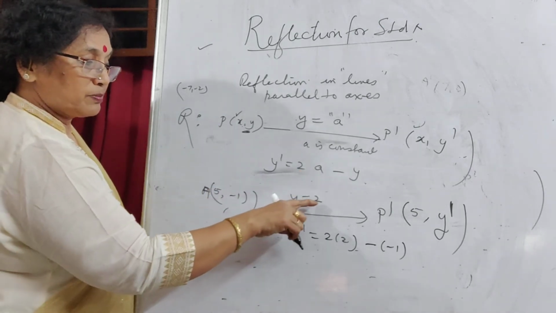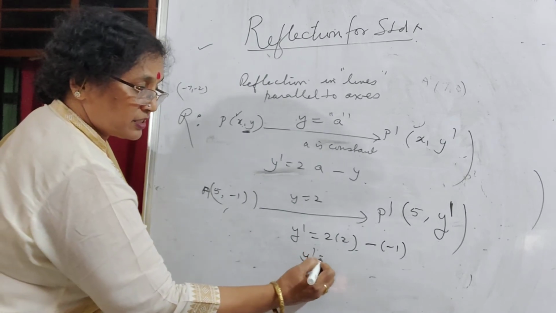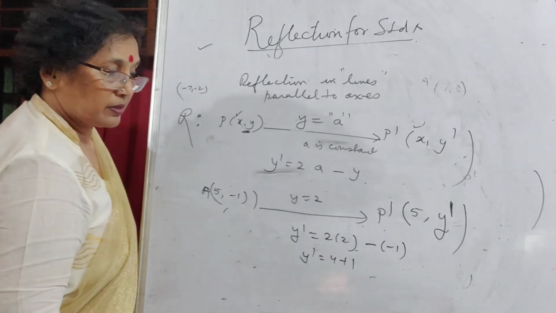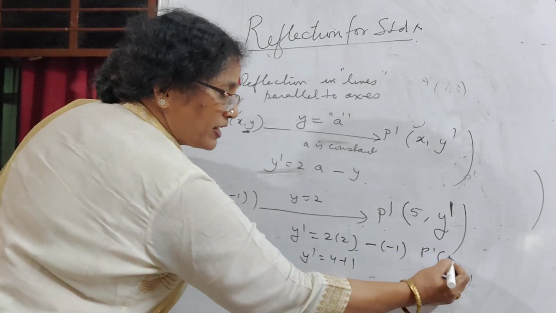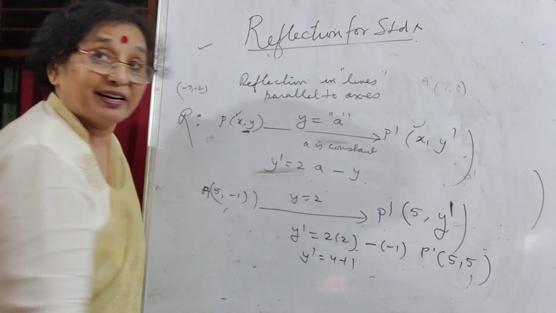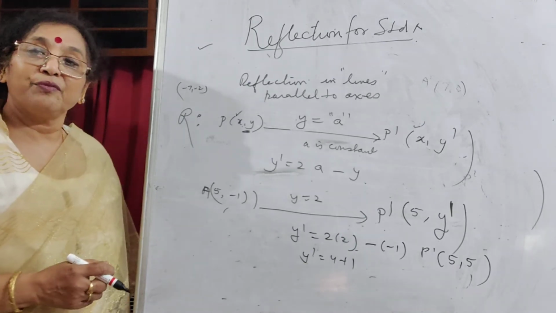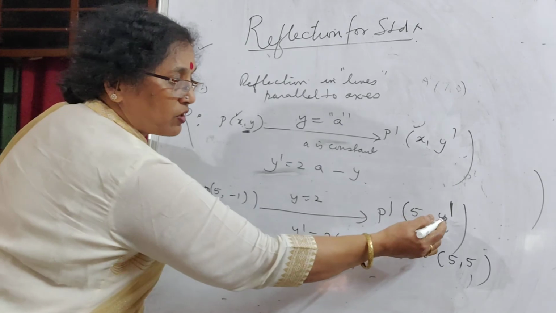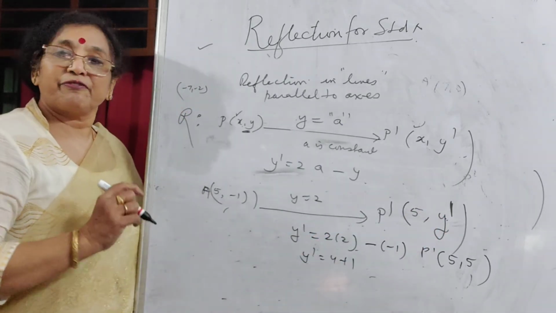If this is y equals minus 2, you put minus 2 here with this sign. So y dash is 4 plus 1, so that becomes 5. Remember, I remember the point, I remember the answer. See, 5, 5. The y dash I got as 5. So the coordinates of the image are 5, 5.